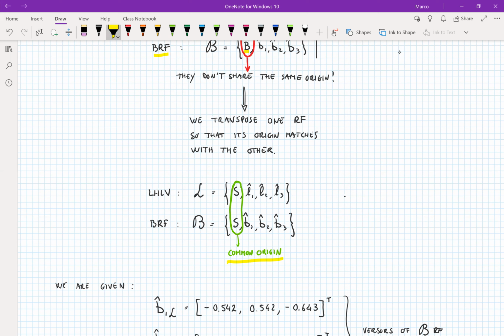All right, so this is the assumption. And from now on, we're always going to assume that whenever we're referring to transformation between two reference frames, they share the same origin, or if they don't, we transpose one on top of the other.